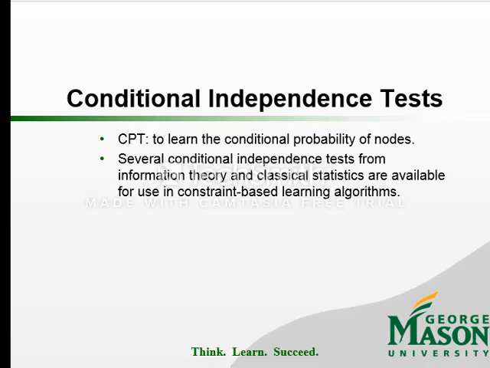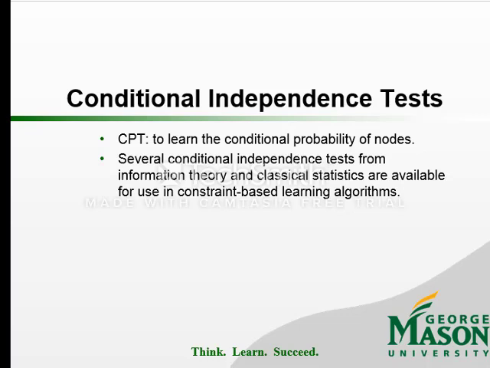The next big step is learning the network. So the first step is learning the structure, learning the nodes and edges or arcs of the network structure. And then the second step is learning the CPT, the conditional probability tables of the nodes.